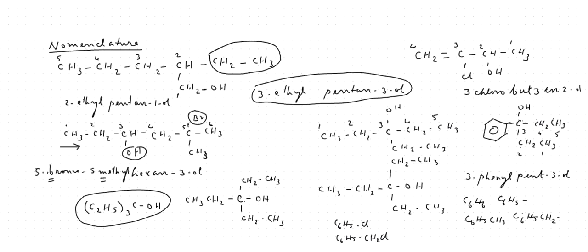If I put C6H5CHCl2, it is called benzal chloride. If it is C6H5CO, it is called benzoyl. So you have to understand all these things. Phenyl, benzyl, benzoyl, benzal, all these differentiations you must understand.